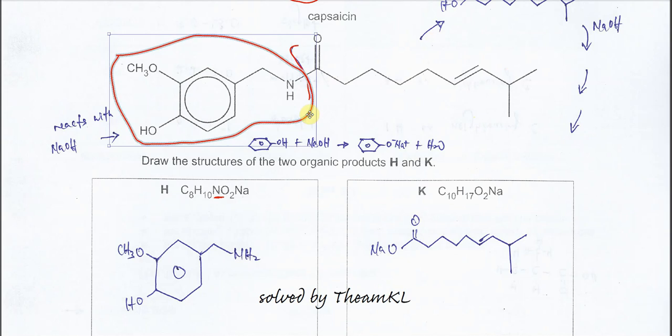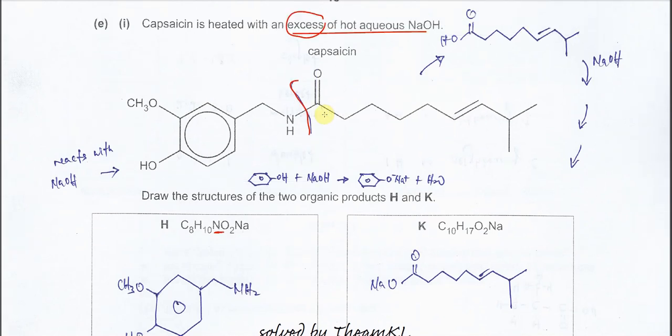Now, what you need to know is, after hydrolysis, what will be the following reaction. If hydrolysis of amides happens, you need to understand first, this CO will form COOH.